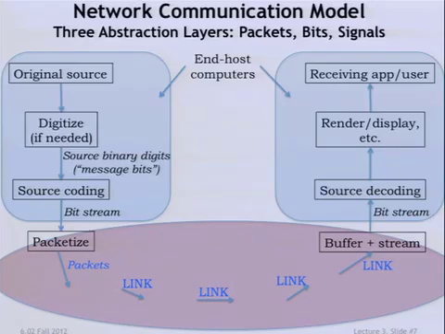In this setting, it turns out that the good way to do this is to break up your bit stream into what are called packets. These are maybe 1,000 bits or 4,000 bits or whatever your protocol is. They're broken up into chunks of bits, and then treated as packets for transport along the network.